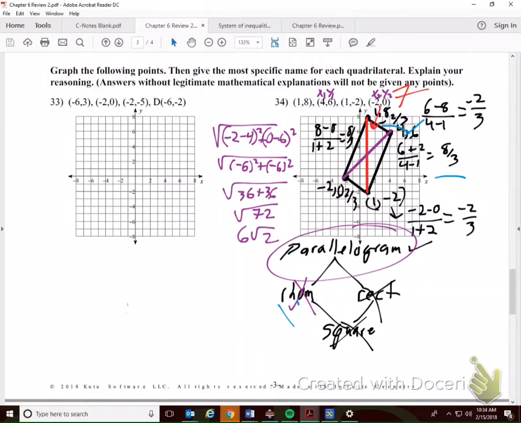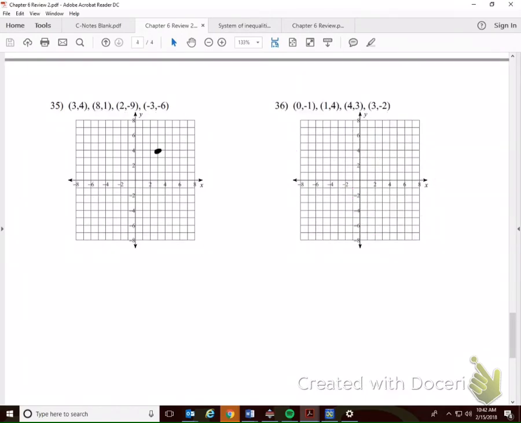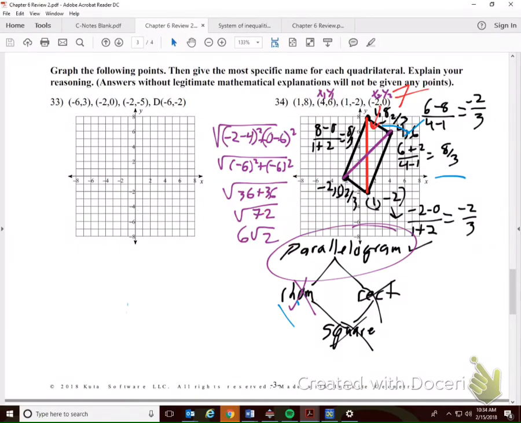So now we want to do it with the other one. And it turns out that they are not equal. I'm not sure what happened to my red diagonal.